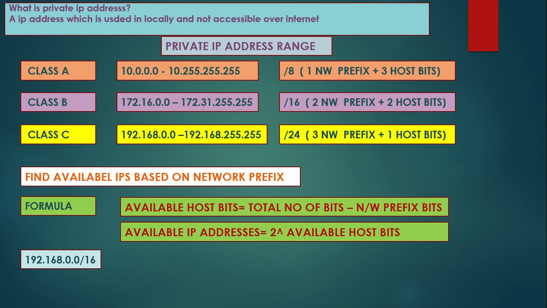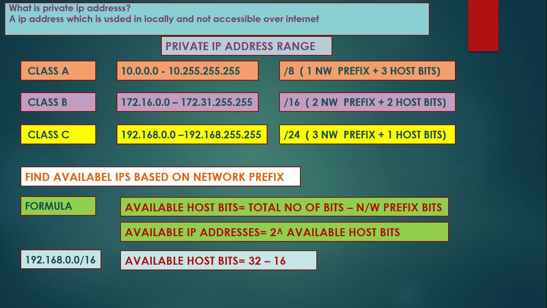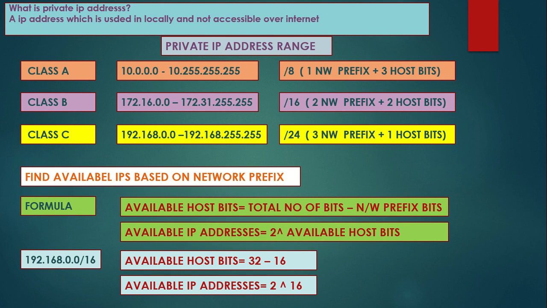Here the network bits is 16. So we find the total host bits, that is 32 minus 16, where 16 is the network prefix. The available IP addresses is 2 to the power of 16.